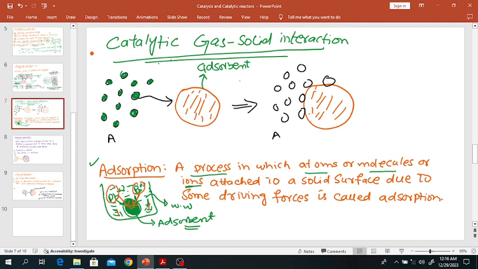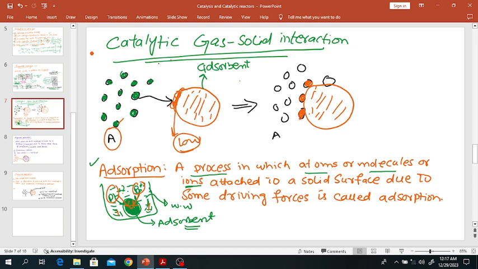Similarly, suppose this is a gas molecule, so the gas molecule will attach to the solid surface. These are the gas molecules which are attaching to a solid surface due to some driving force, because the gas concentration here is very low, but here the concentration of gas is quite high.